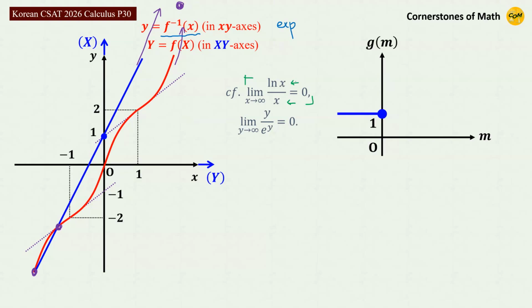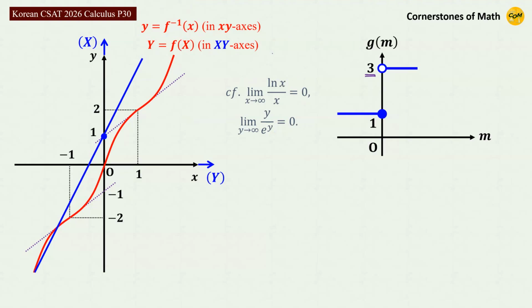This information may be useful if we are using the original function, which is in logarithmic form. However, we are currently using the inverse function, which is in exponential form. If we substitute ln x as y, then we have this limit, which implies that the exponential function increases much faster than the linear function, hence the intersection point way up there. So the value of g of m jumps to 3.